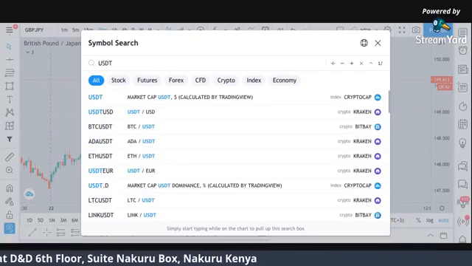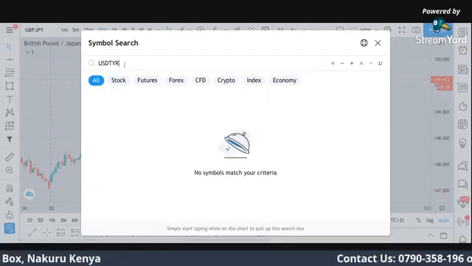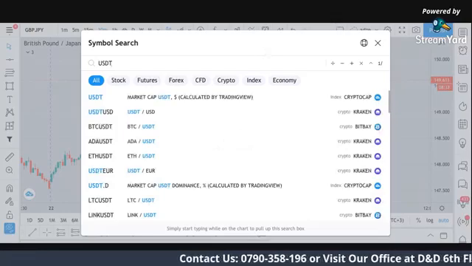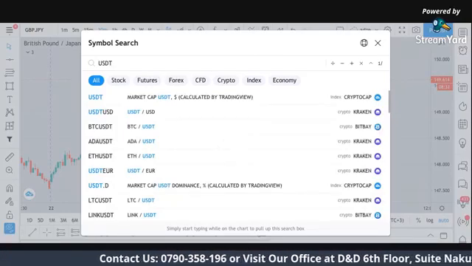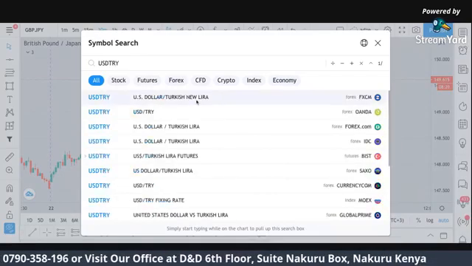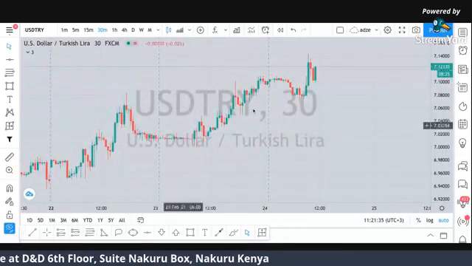Let's look at USD against lira. It is TRY, that is USD against the Turkish lira. Now this is how it looks.